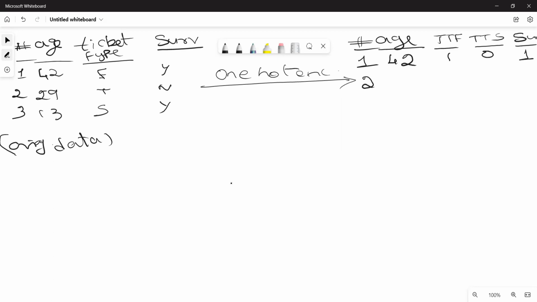Second record, the age is 29. What is the ticket type? It is third class. So this is going to be 0, this is going to be 0, and this is going to be 0. What is the third record? Age is 13. Ticket type is second class. So that means this is 0, this is 1, and this is 1.